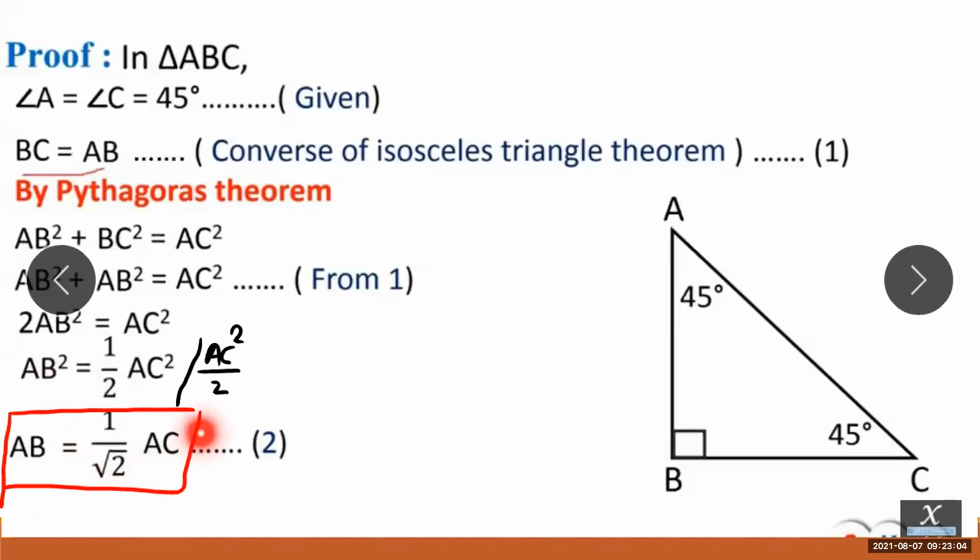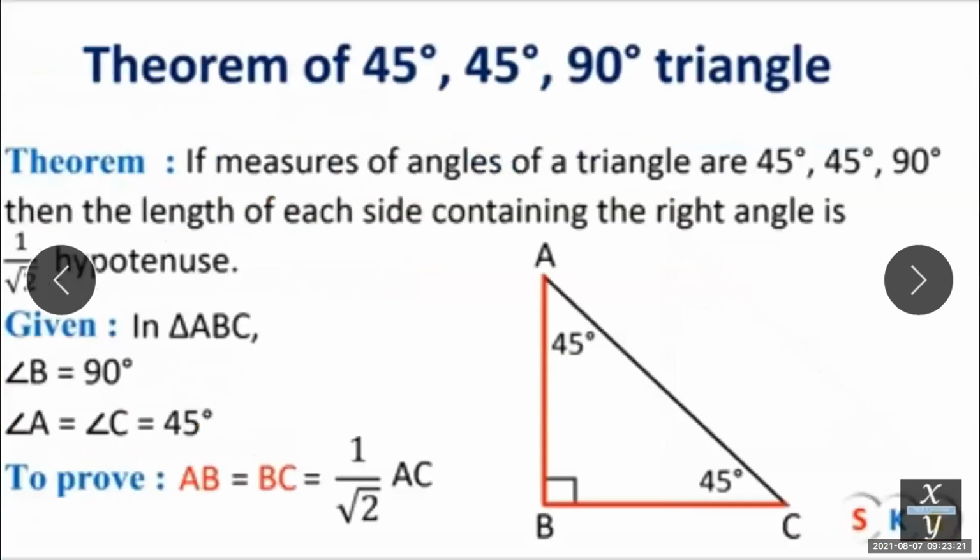Here the squares get removed because of taking the square root. And we got here AB equal to 1 by root 2 of the AC, and that's what we had to prove.